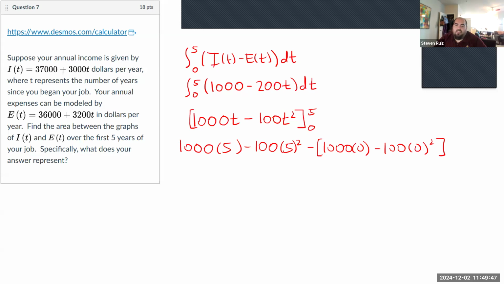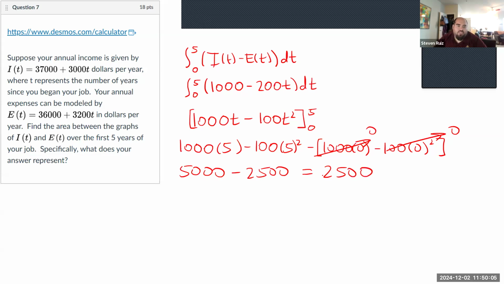All of this is going to go to 0. What happens over here? This becomes 5,000 minus 100 times 25, so 2,500. So I get a positive number of 2,500.